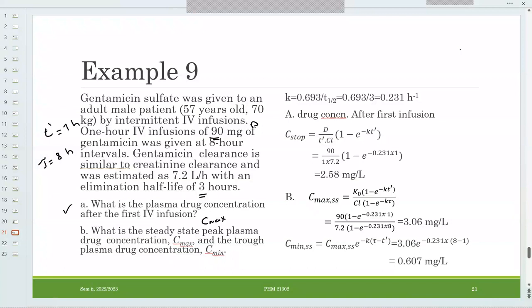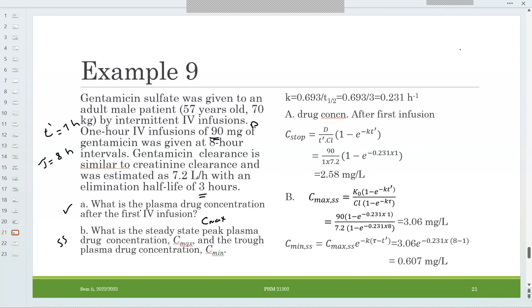So here we will use the non-steady state and steady state equations. But first we need to get the value of K. K equals 0.693 divided by T half, equals 0.693 divided by 3, equals 0.231. For drug concentration after the first infusion, we use the non-steady state equation, C stop. They want the plasma drug concentration after the first IV infusion.